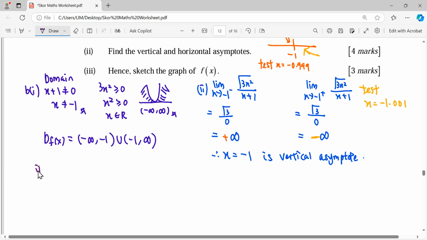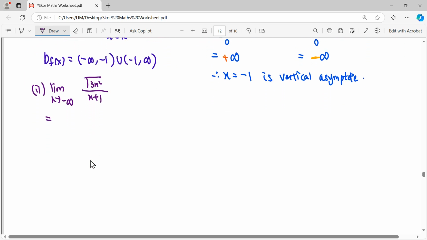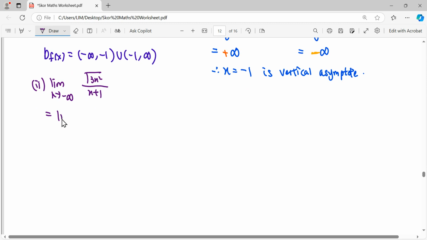For the horizontal asymptote, we're going to calculate the limit as x approaches negative infinity. So when I substitute the infinity, I get infinity over infinity. So what we can do is simplify this by dividing by the highest power of x. You can see the square root of x squared.